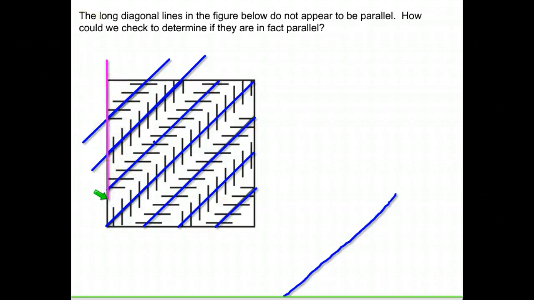If I check to make sure that my corresponding angles are congruent, so the angle between my line and the border, if those are congruent, I automatically know that these lines are parallel. So if I measure the angles with maybe a protractor at each of these corners and determine that all of these angles are congruent, then I can definitely say these lines are actually parallel.